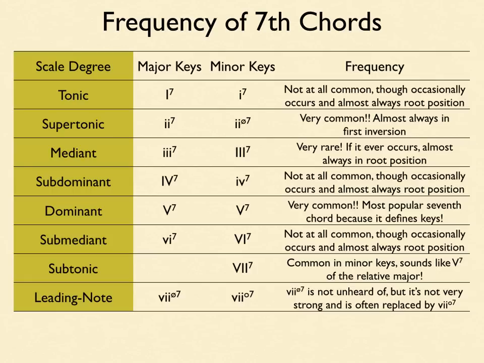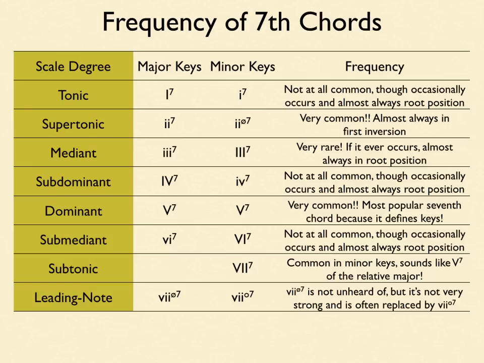You can have it on your tonic or your mediant or your subdominant or your submediant or on your leading note. It is possible. But I would say that the dominant 7th is the most common, followed by the supertonic 7th, probably followed by the leading note 7th, probably followed by the submediant and subdominant, and probably then the tonic, and then the rarest of them all would be the mediant.